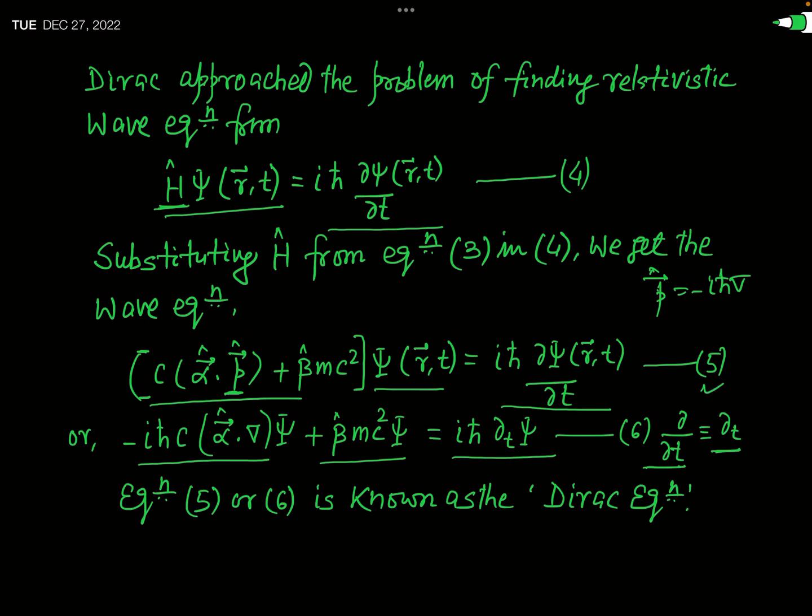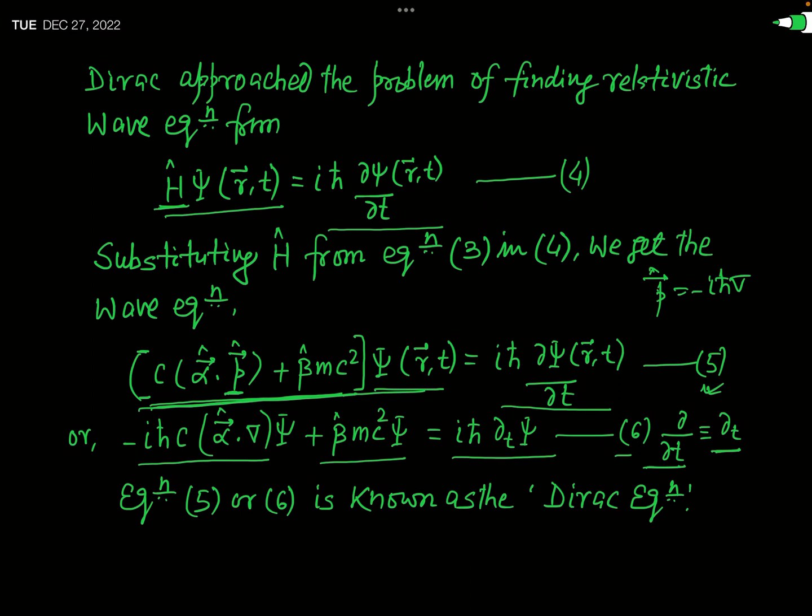In fact, this equation 5 is simply the Schrodinger time dependent equation. Only this form of Hamiltonian, which was postulated by Dirac for the linear dependence of the Hamiltonian on the momentum vector, is substituted here. After this substitution, this equation results, which is a wave equation of first order, and equation 5 or equation 6 is known as the Dirac equation.